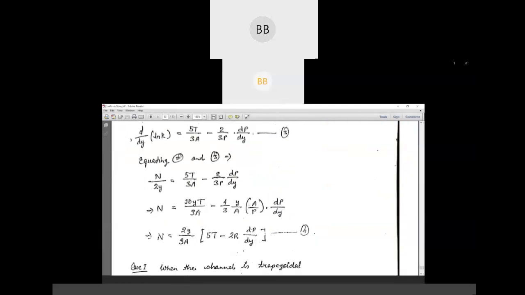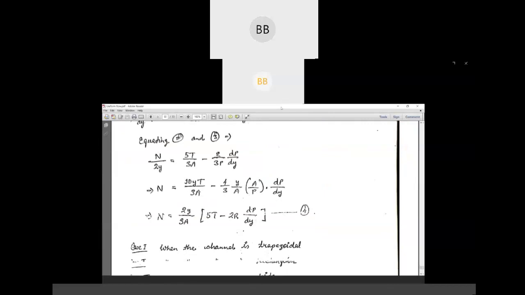So here also in equation number 3, the left hand side is the same. So now what we do, we are going to replace this left hand side in equation number 3 by considering equation number 2. So next we are equating equation 2 and 3, and we are going to replace that d by dy log E k by n by twice y in equation number 3.